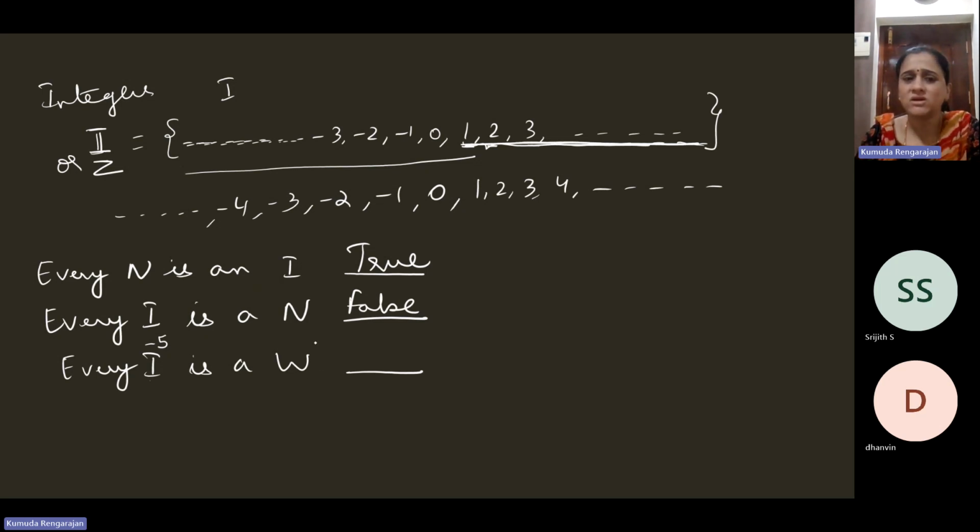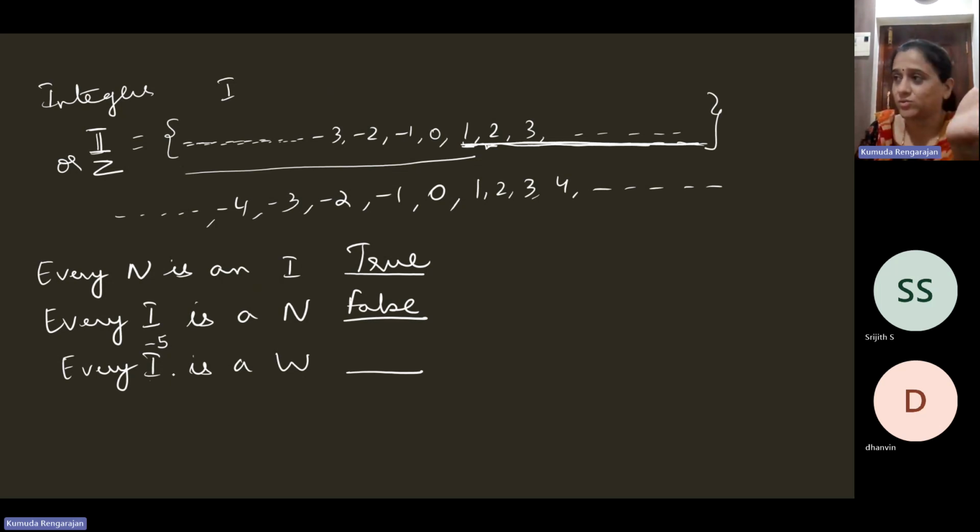In natural numbers and whole numbers, we don't have negative numbers, but integers are made up of negative numbers also. Every integer is a natural number? False. Every integer is a whole number? False.